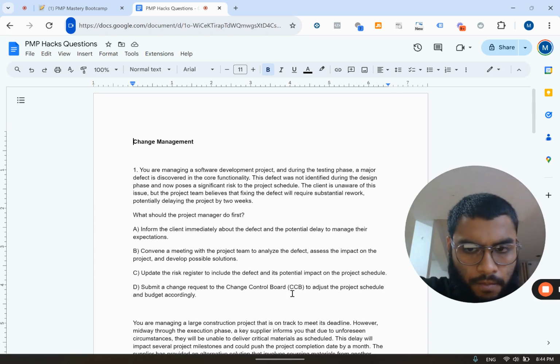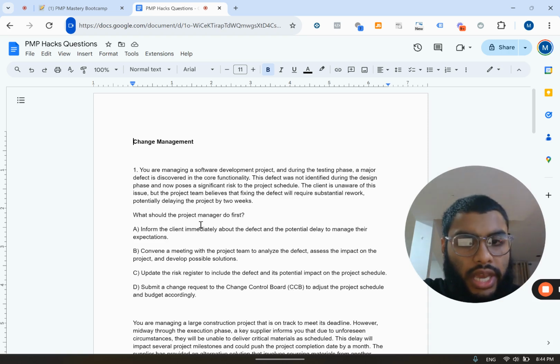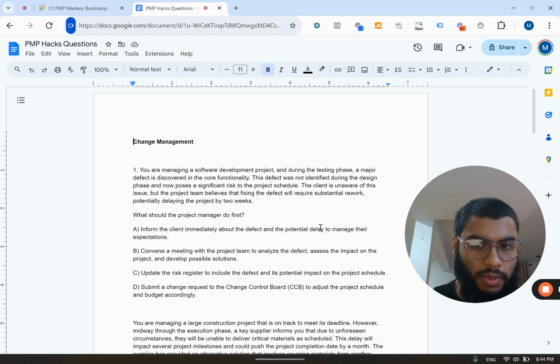Now let's look at the other options before we explain why the answer is D. Inform the client immediately about the defect and the potential delay to manage their expectations. That's not a bad solution. The client is unaware. The client is your end customer. We should be able to tell the client everything, to manage their expectations.